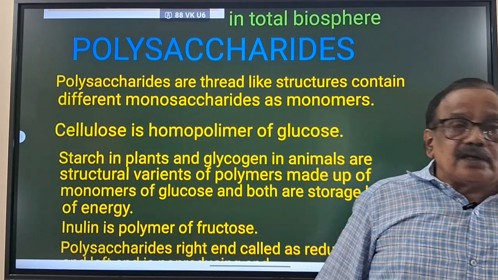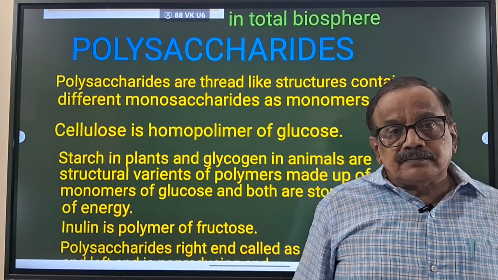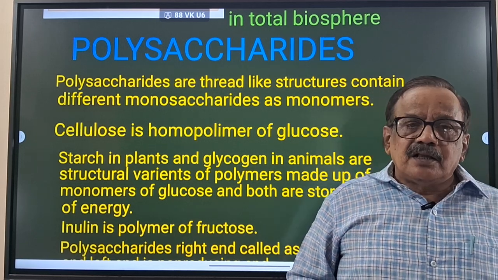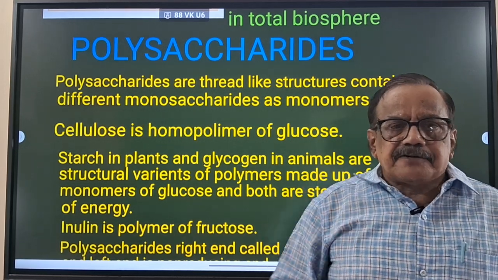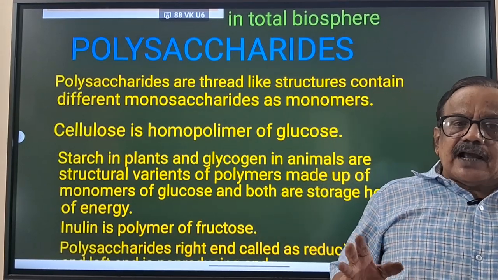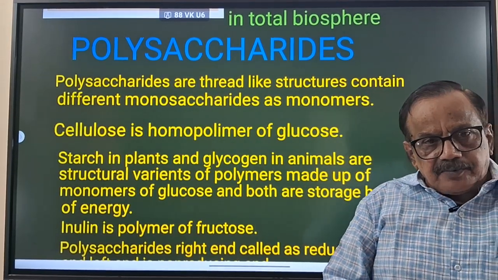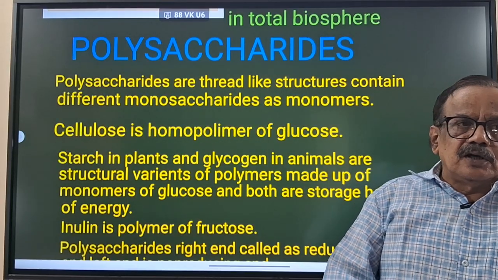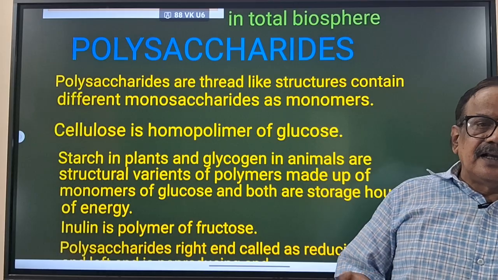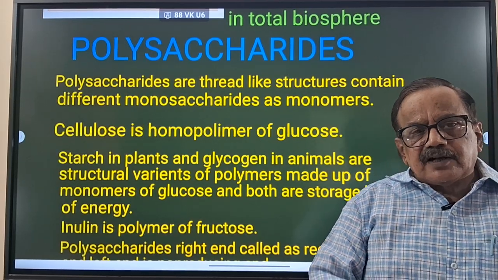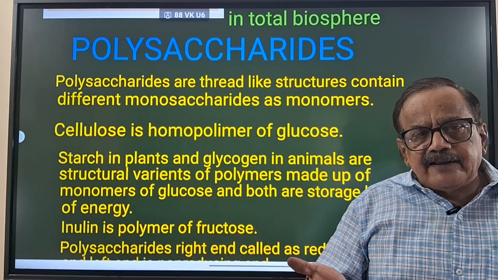Starch and glycogen, this is important, are also made up of glucose. Then what is the difference? Cellulose is made up of glucose monomers, and starch and glycogen are also made up of glucose. What is the difference between the three?